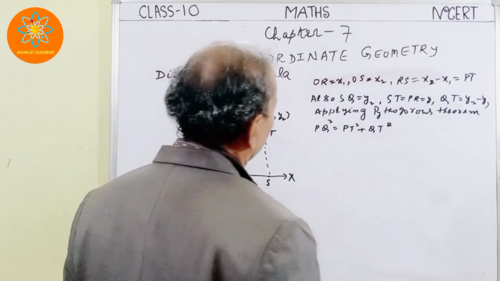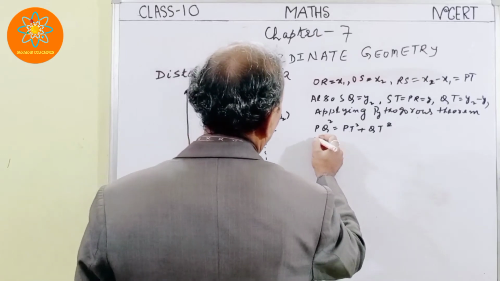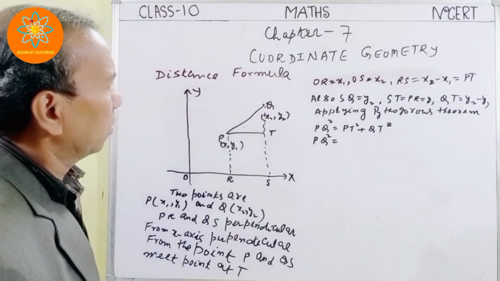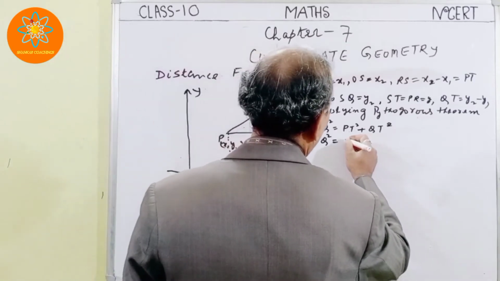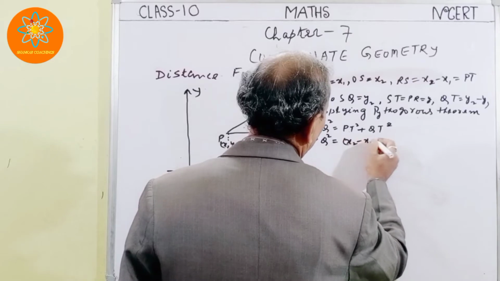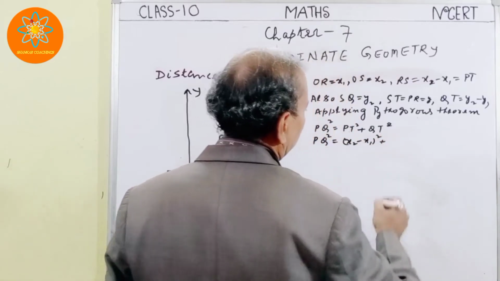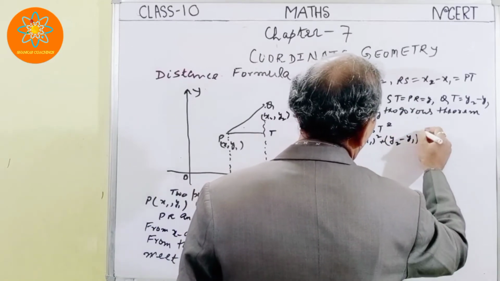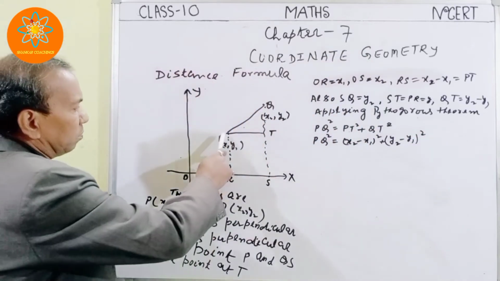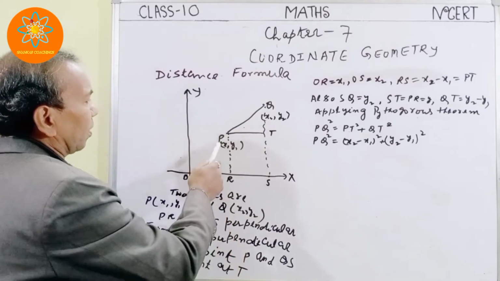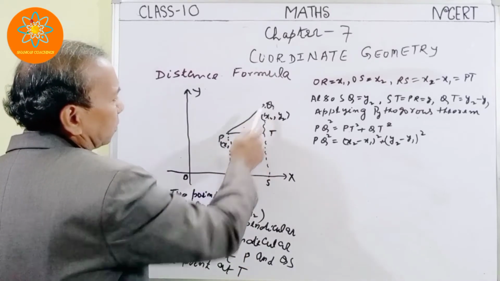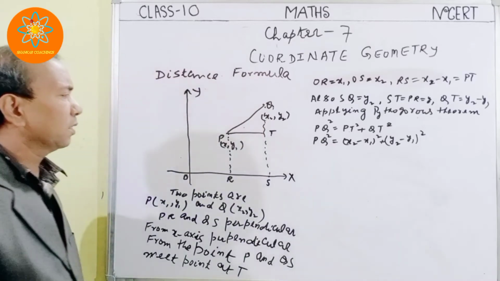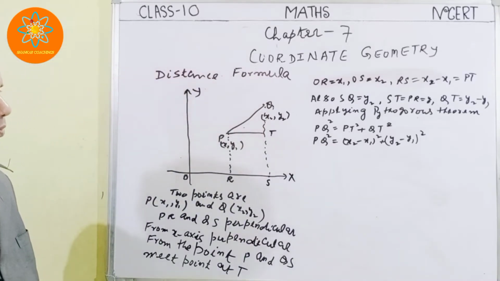Now, if I put the values, then PQ square is equal to PT, that is x2 minus x1 whole square, plus TQ square, y2 minus y1 whole square.